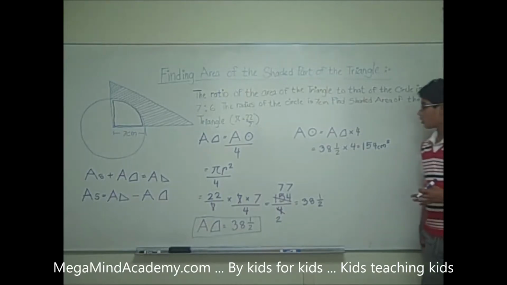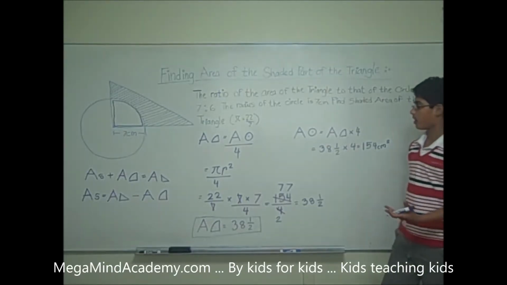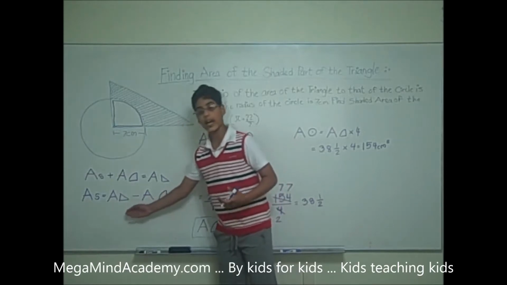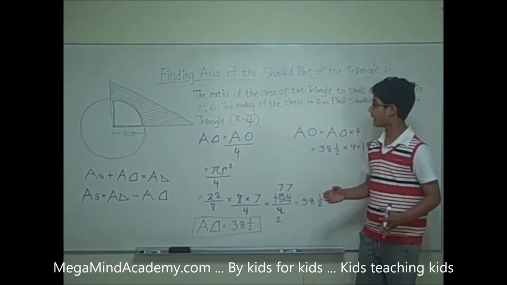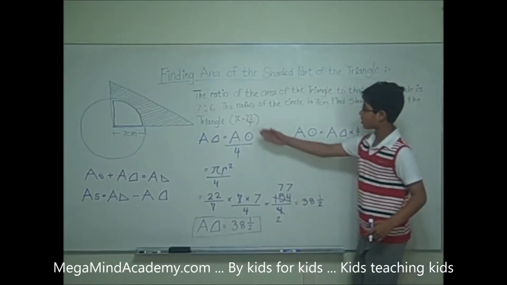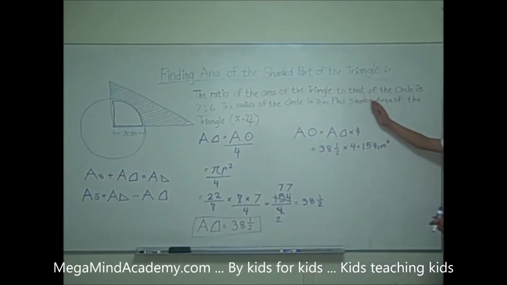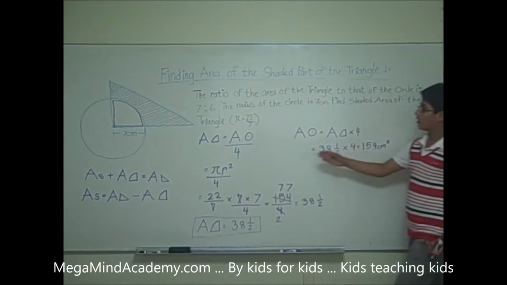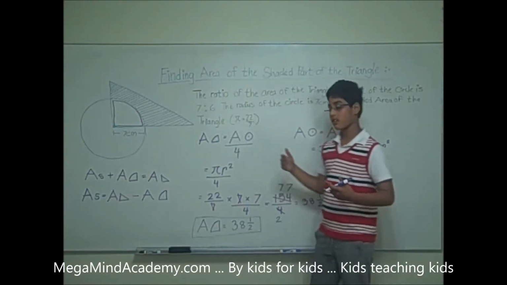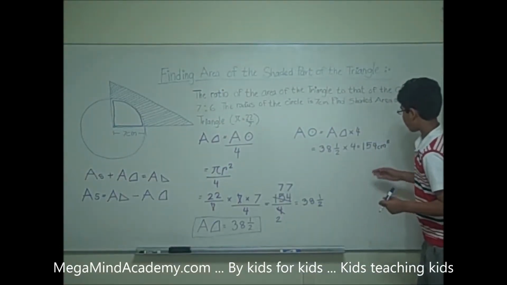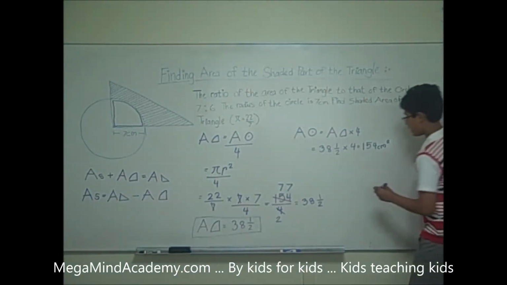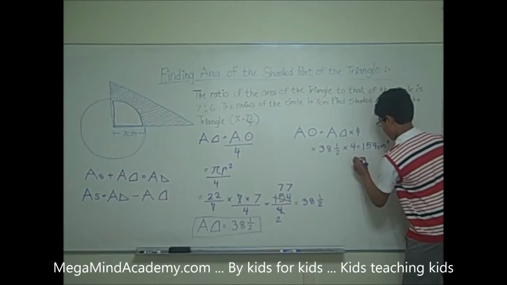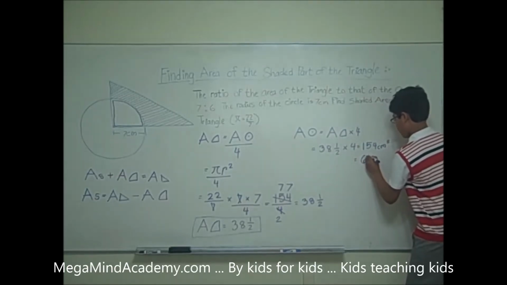Now, we need to find the area of the triangle, not the area of the circle. In the problem, it says that the ratio of the area of the triangle to that of the circle is 7 to 6. So this means that 154 centimeters squared is equal to 6 units.